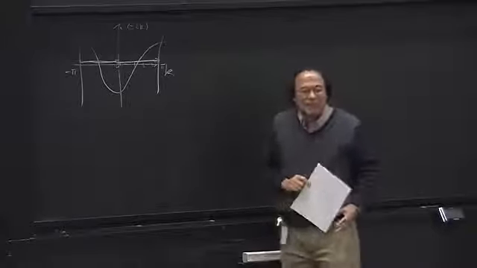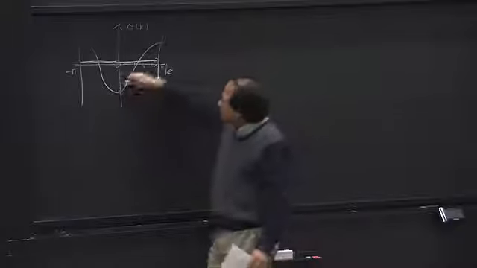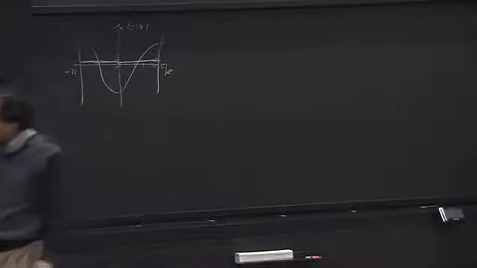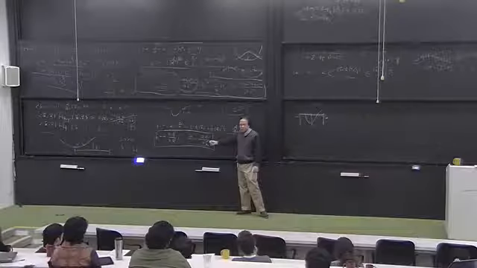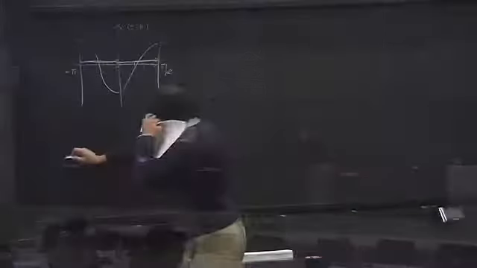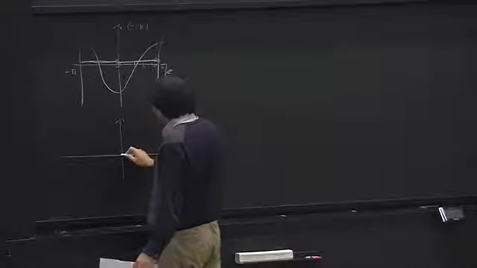But what is the velocity? Velocity is the slope of the dispersion relation. That's what they tell us. This is the key: the velocity is the slope of the dispersion relation. So here, velocity equals 0. As a function of time, initially velocity equals 0.